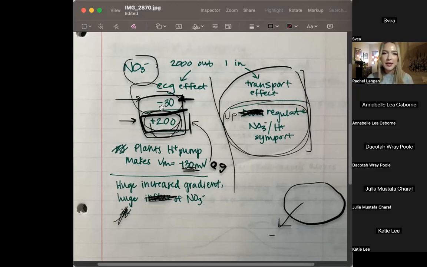Then my next sentence would be, but oh no, we're in some weird soil where now the concentration of nitrate in the soil is super big. It's like 2000 and it's 1 inside the cell. And then you plug those two values into your Nernst equation. Oops. And I'm saying you got that. Oh, okay, that makes more sense. Thank you. You're welcome.